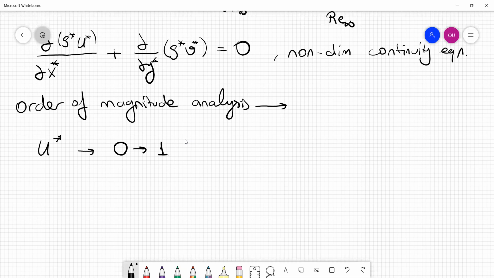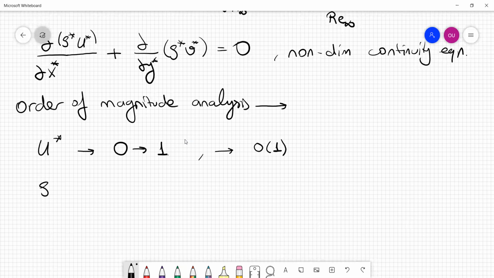The variation of u: u is 0 on the wall, and goes to u infinity, or u edge, let's say. If it's a flat plate, they are the same thing, but u infinity near the edge of the boundary layer, so it changes more or less from 0 to 1. So we say that if it changes from 0 to 1, u star has an order of magnitude of 1. Okay, u star.